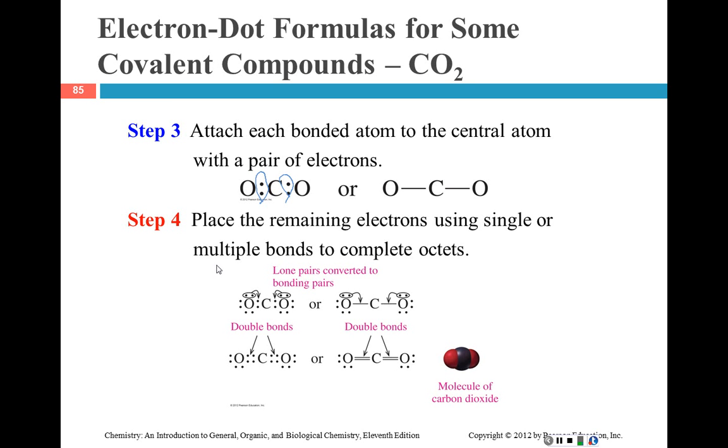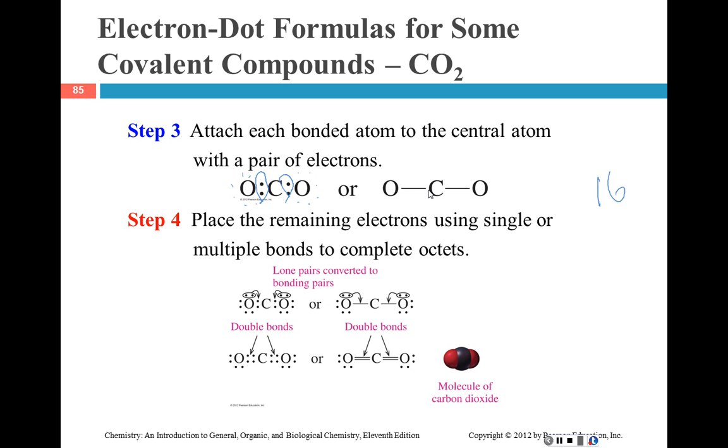Then you take your number, and remember it was 16. We're going to place the remaining electrons using single or double bonds. That's 4, so we have 12 left: 1, 2, 3, 4, 5, 6, 7, 8, 9, 10, 11, 12.